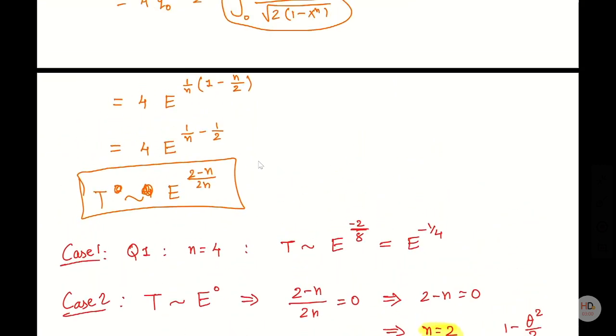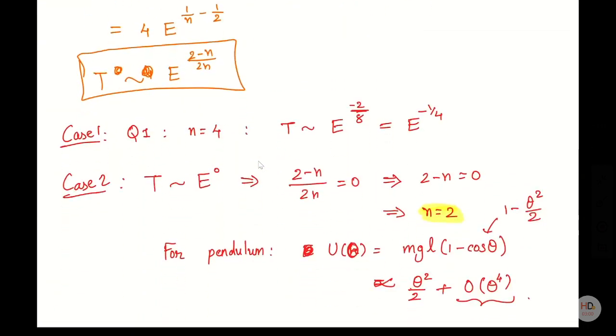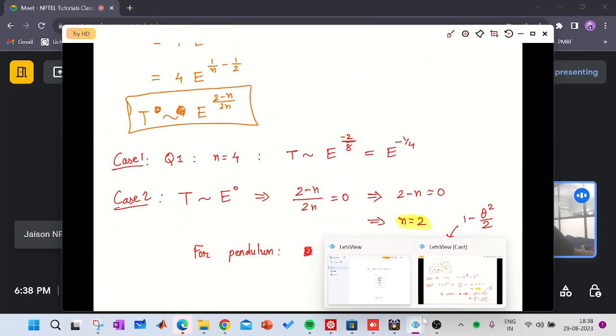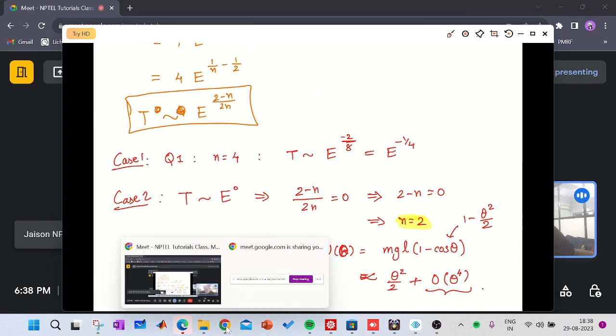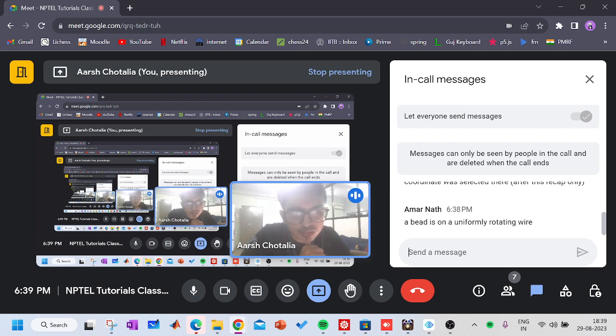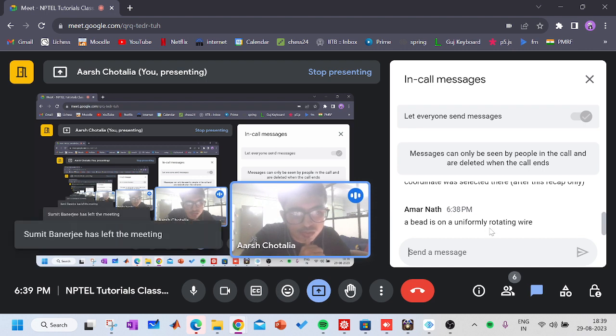Okay, so that's all from my side for this week. If you have any questions, one of you had a question. Amarnath, can you please explain the bead problem? What exactly do you mean by bead? The bead is on a uniformly rotating wire. Oh, okay.